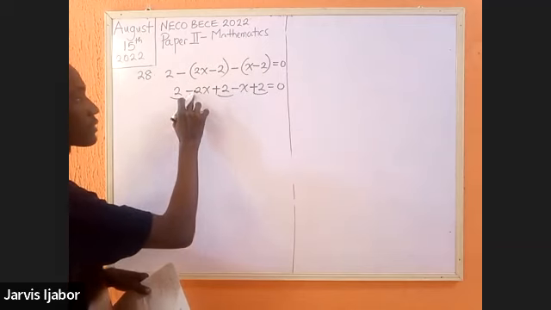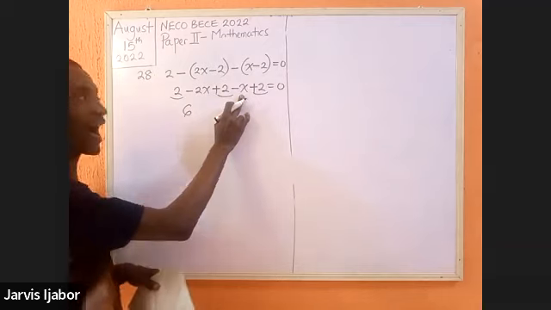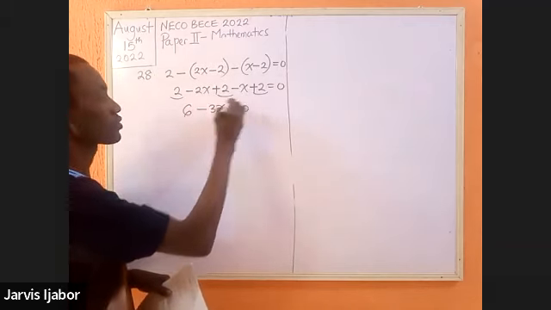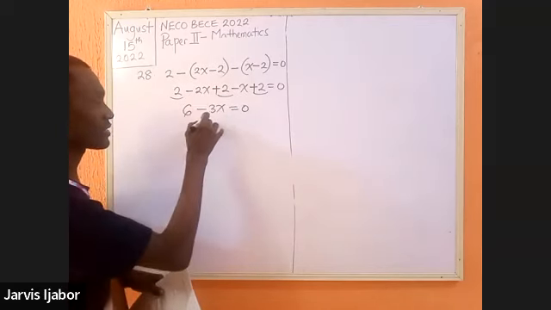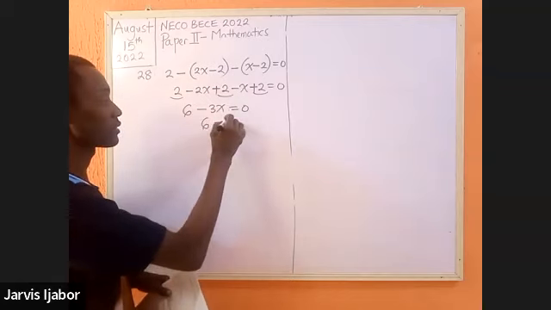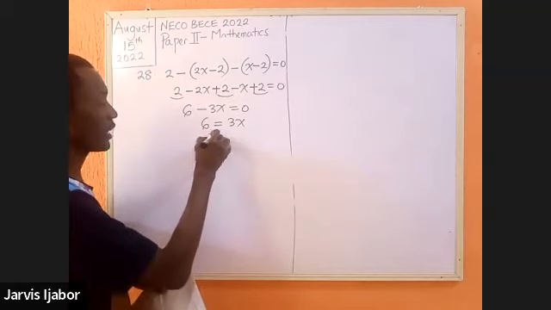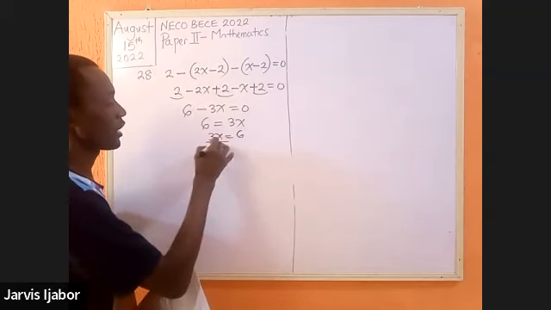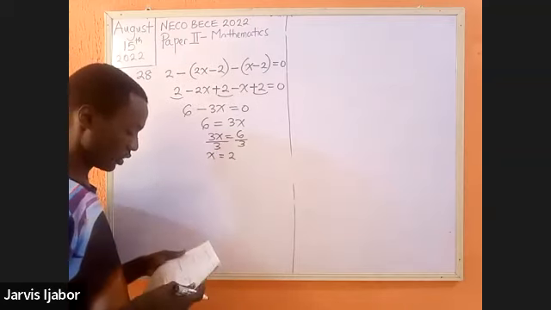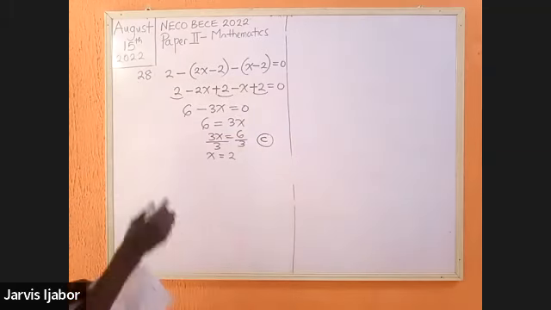Negative 2x, negative x means you're adding same signs: negative 3x. So 6 minus 3x equal to 0. The negative crosses the equality and becomes positive, so 3x will be equal to 6. If I divide both sides by 3, x will be equal to 2. So if you've done that correctly, the option is C.